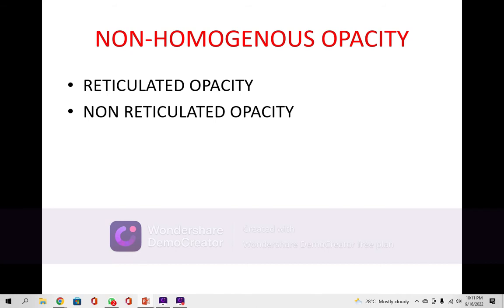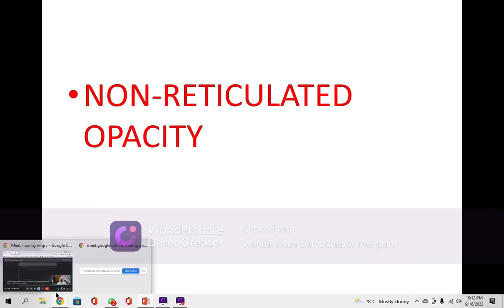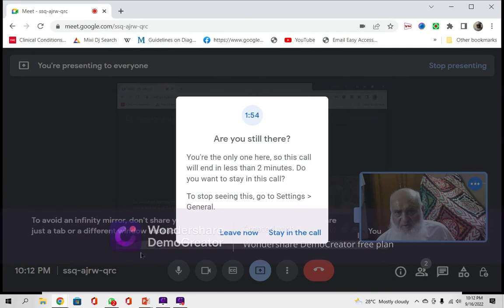Reticulated opacity and non-reticulated opacities. Remember these terminologies. Now, non-reticulated opacity means that there are no reticulations seen in this case. Reticulation means network, some netty type of thing. Crossover bridges of the fibrous septa, for example.